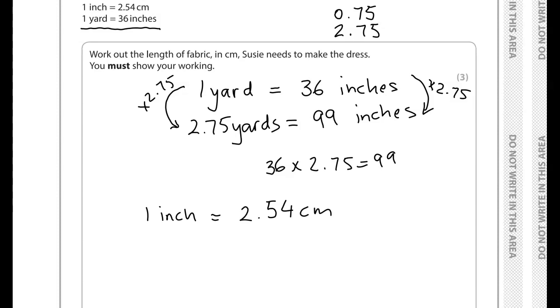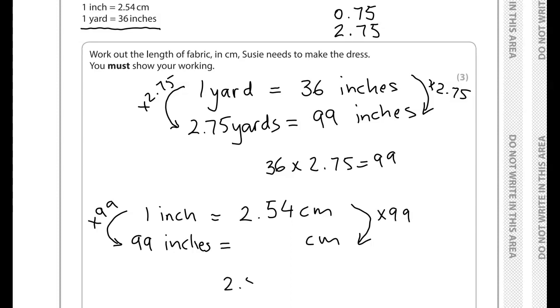What about 99 inches? So again, to get from 1 to 99, we've multiplied by 99. So we're going to do the same on the other side.